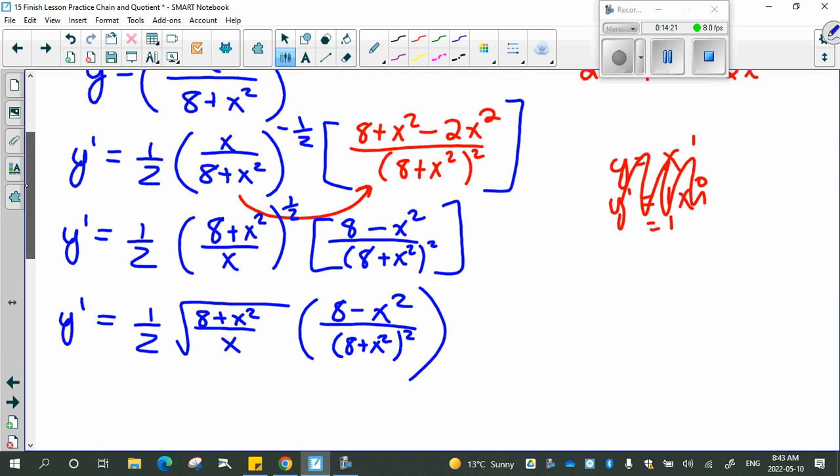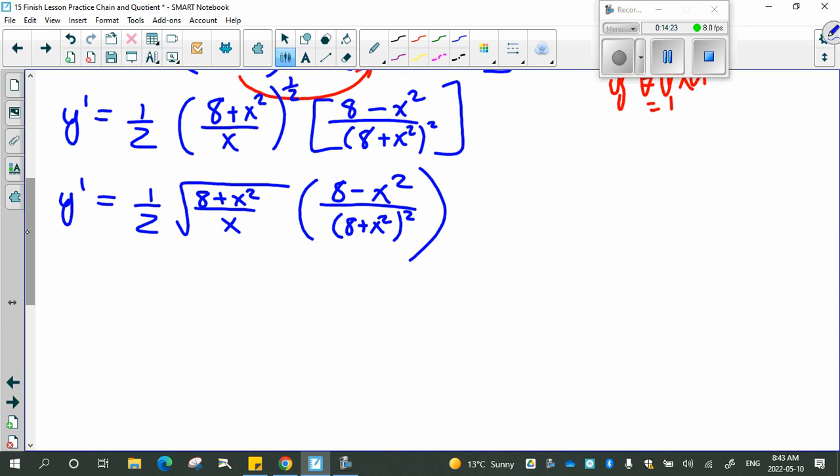So now I'm finding y prime at 1. So that means I sub 1 into where every x is. So 8 plus 1 squared would be 9 over 1. That's nice.